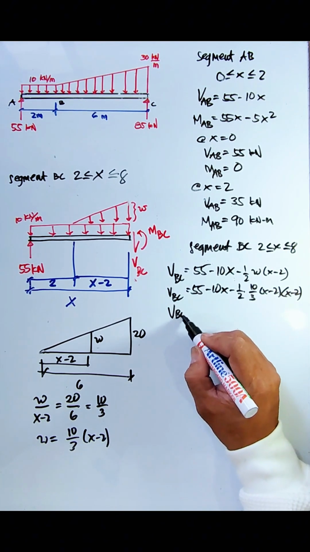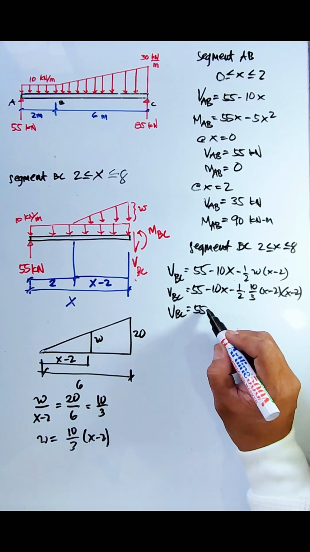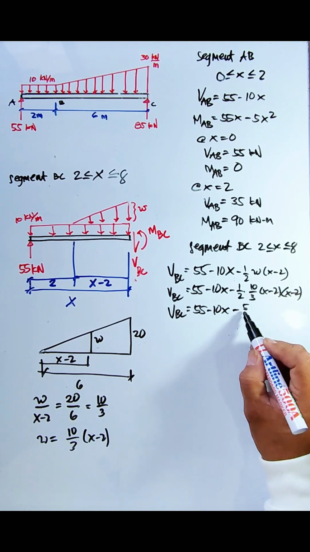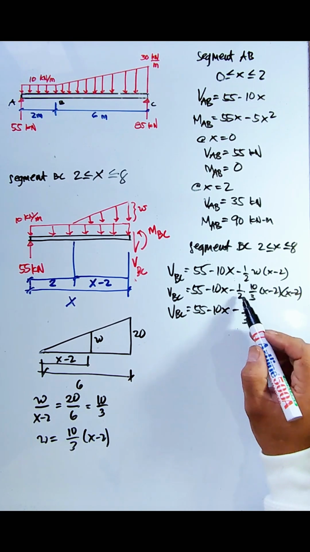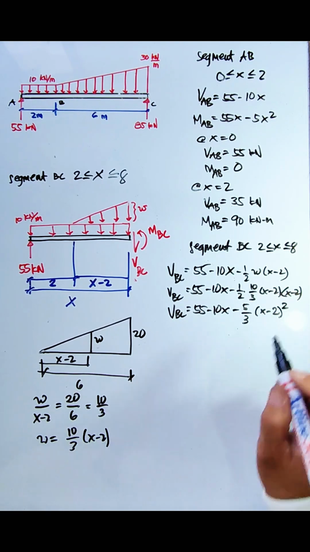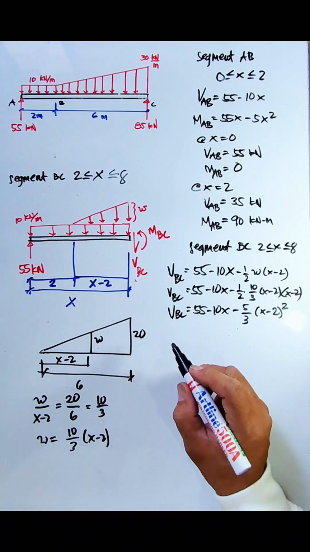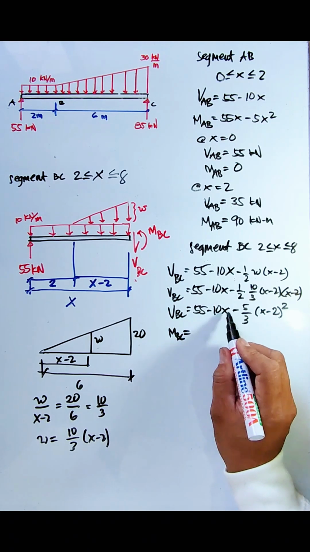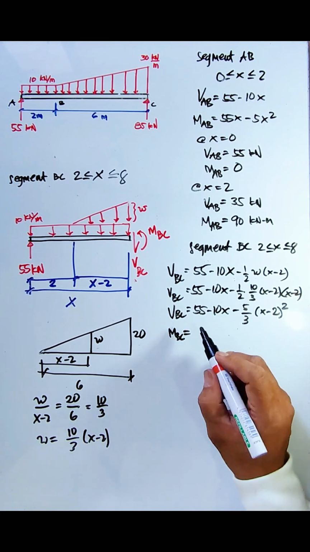So our final equation is 55 minus 10x minus 5 over 3 times x minus 2 squared. And our moment BC is to just provide the moment arms of these forces here.